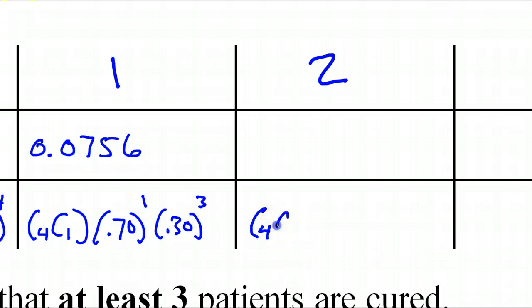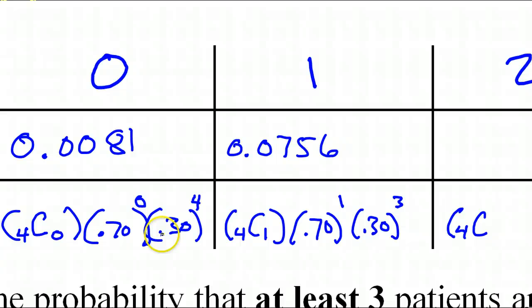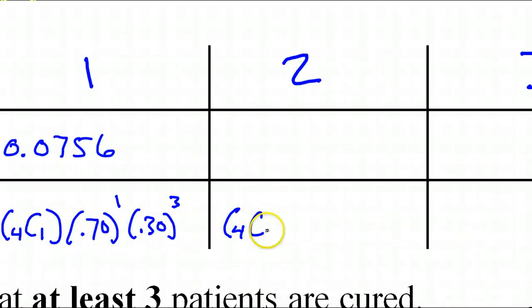The 4 didn't change, it was 4 both times. But it was 0, then 1, and next it would be 2 and 3. These are all x values which we put into list 1. So in general, it's going to be 4 choose whatever's in list 1.